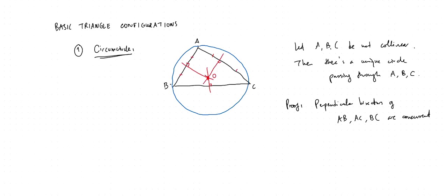And this unique point is to be called O. And at the center O, there is this unique circle passing through ABC. Why are these concurrent? Because the intersection of any two of them has equal distance to all three vertices.